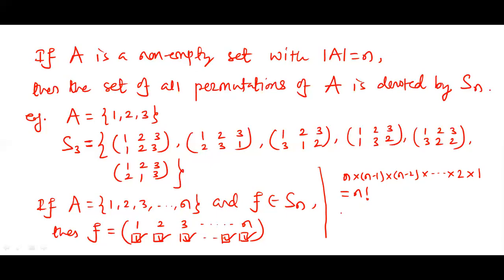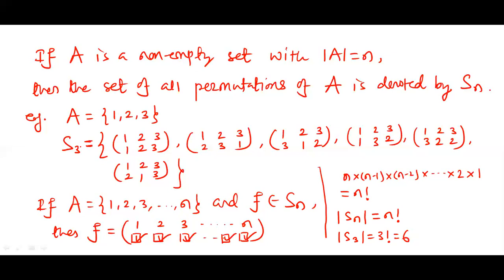Means we can observe that the set of all permutations of set 1, 2, 3 up to n contains n factorial elements. See, in particular, for n equal to 3, S3 contains 3 factorial elements, and 3 factorial is nothing but 6.